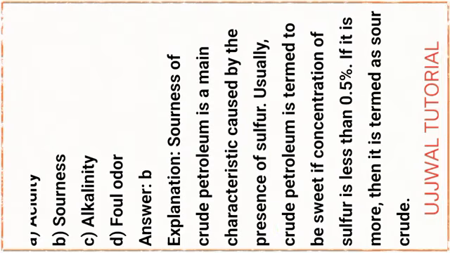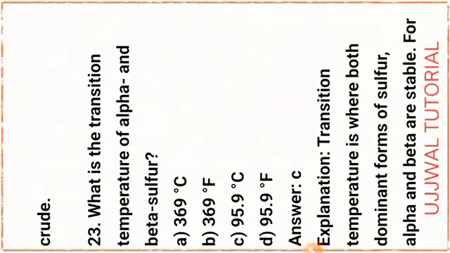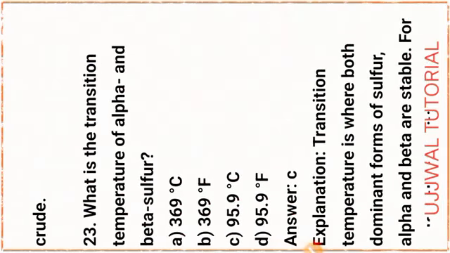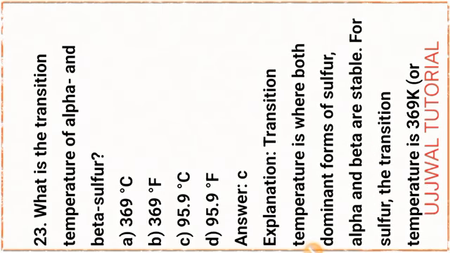Next question, number 23. What is the transition temperature of alpha and beta sulfur? The answer is C, 95.9 degrees. The transition temperature is where both allotropes of sulfur, alpha and beta, are stable.